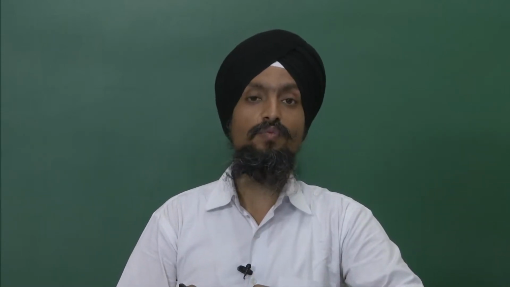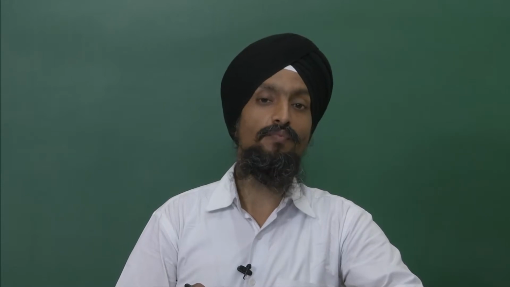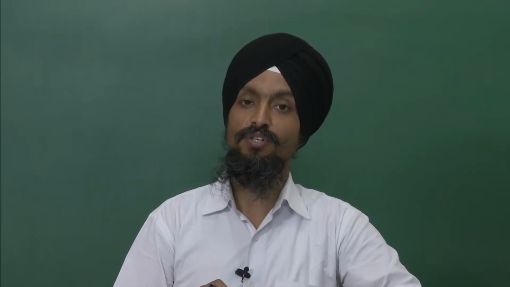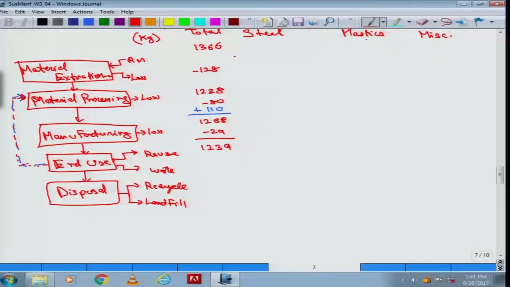This is also one of the ways to conduct life cycle assessment. If we know how much is the weight of the material that is being transferred to the next process, and what is the energy that is required to produce per unit of this material, per unit of steel, per unit of the specific plastics. The plastics that are being used here are PVC, polyvinyl chloride, polyurethane, and some polyesters, right.